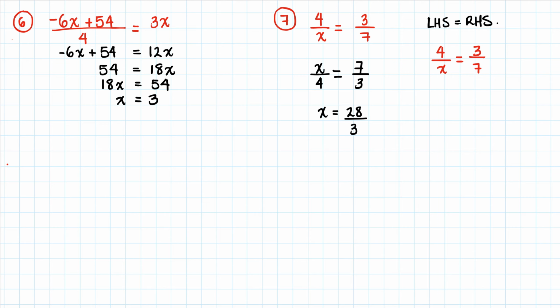Then we divide it into 2 parts: the left-hand side and the right-hand side of the equal sign. If when I finish working, my left-hand side is equal to my right-hand side, then my answer is correct. If it doesn't, then the answer is not correct.